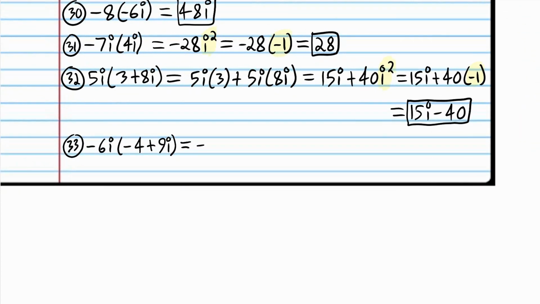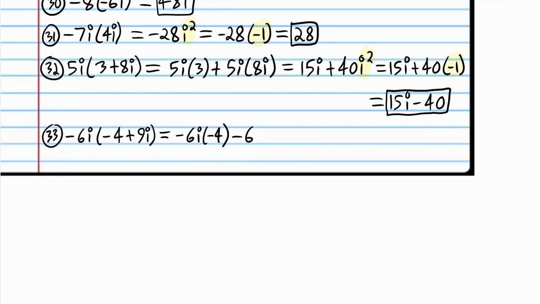Okay, so now to the next one. We get distribution. We get negative 6i times negative 4, and minus 6i times 9i. So negative 6i times negative 4 is positive 24i, and negative 6 times 9 is negative 54, and then I squared.